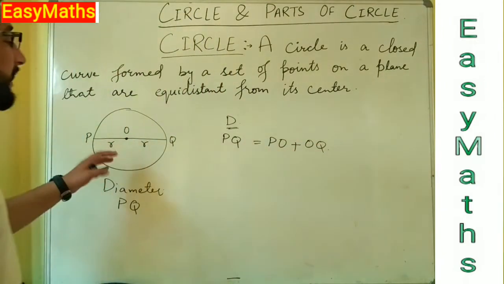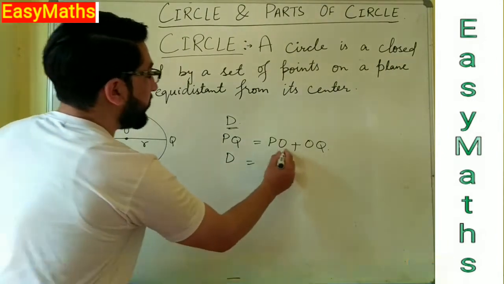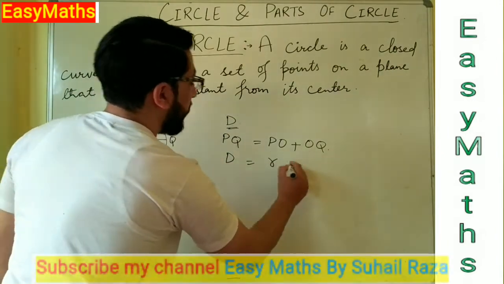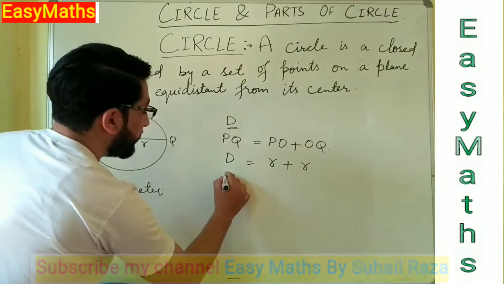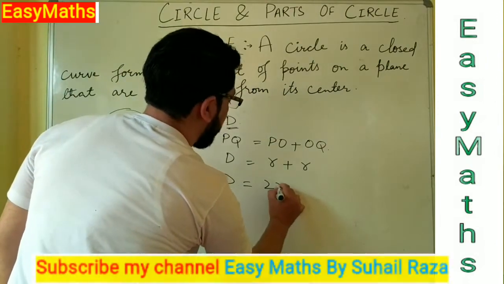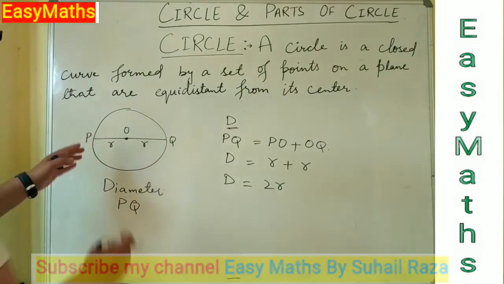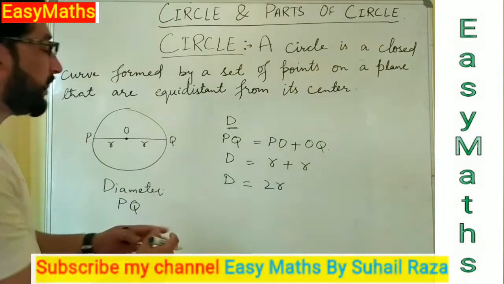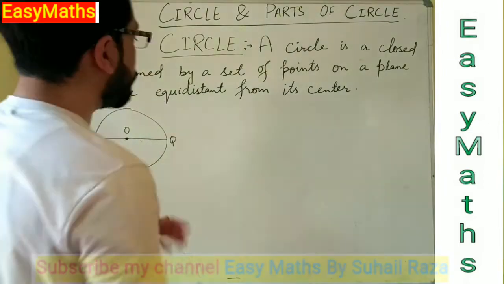So PQ is the diameter, PO is a radius and OQ is another radius. So we have a formula here: diameter is equal to R plus R, which is 2R. That means diameter is equal to twice the radius. So if we add two radii together, what do we get? We get the diameter of the circle.